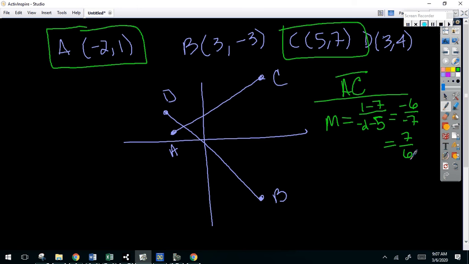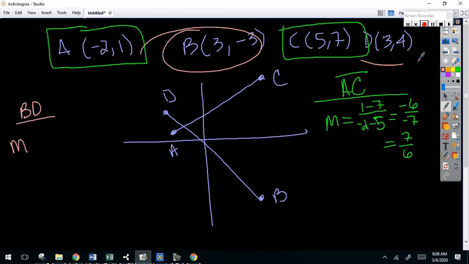If these two segments happen to be perpendicular, what should the slope of the other segment be? Close. Negative 6 over 7. If they are indeed perpendicular, then whenever I find this next slope between this point and this point, it will be negative 6 over 7, right? Flip and change.